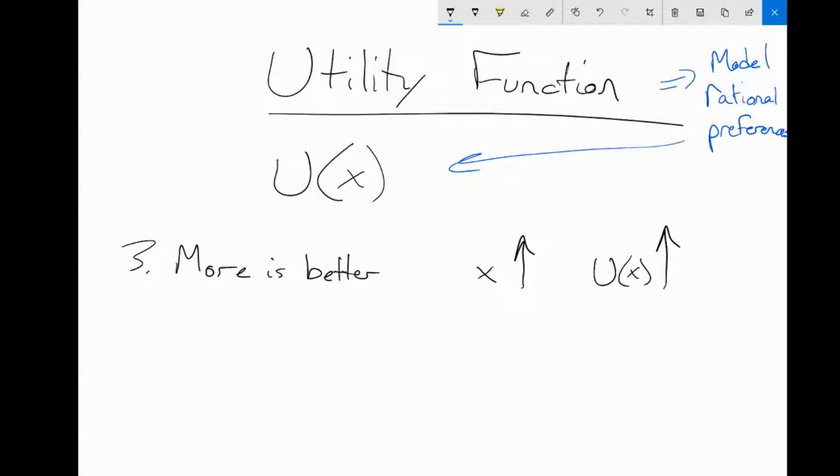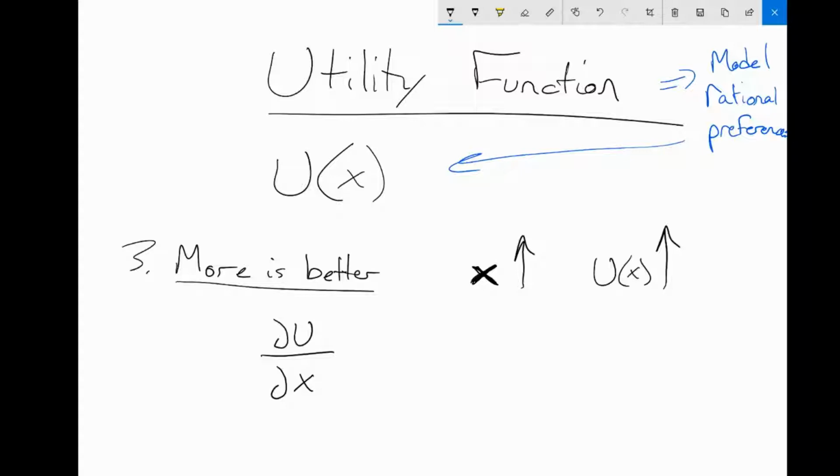If I wanted to say, how does an increase in x affect or change u? Well, that should spark in your mind a derivative. If I want to know how does u change given a change in x, I would take the derivative.